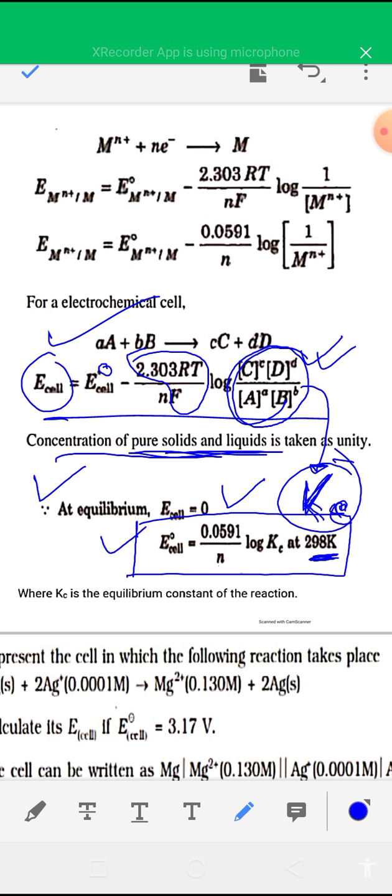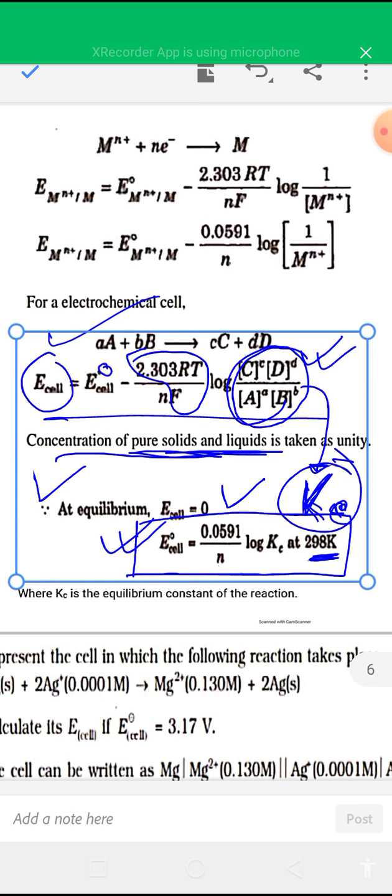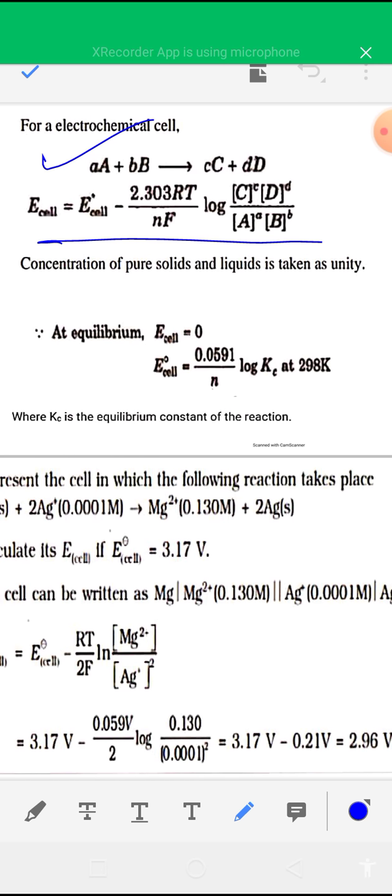So the standard cell potential E0 cell is equal to 0.0591 divided by n into log Kc, where Kc is the equilibrium constant. This is the relation between the equilibrium constant and the standard reduction potential of the cell.